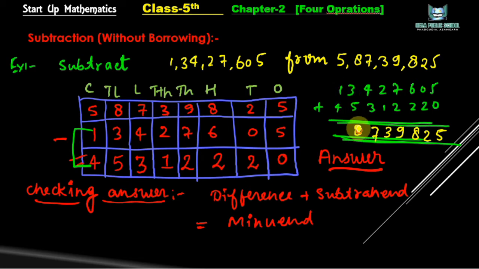And 4 plus 1 is equal to 5. Is this answer equal to the minuend? Yes, the minuend is 5 8 7 3 9 8 2 5. So our answer is correct. In this way you will check the answer in subtraction.